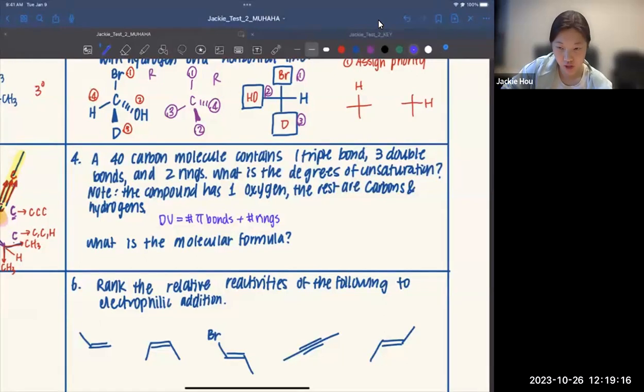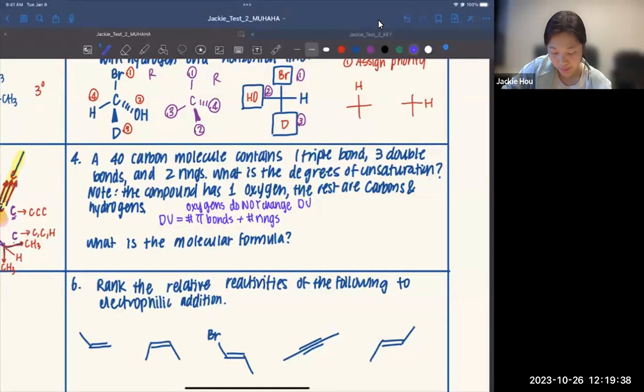There is a more complex formula we'll learn later, but for this case, this is all you really need to know for degrees of unsaturation. One thing you do need to know is that oxygens do not change degrees of unsaturation.